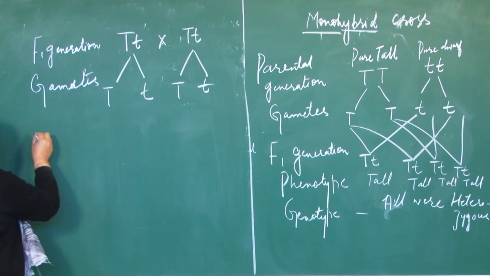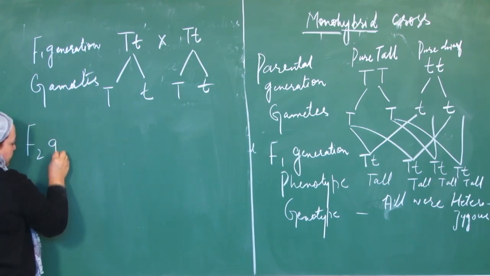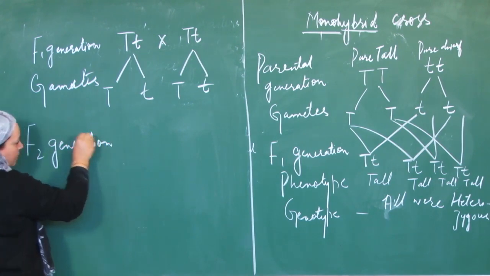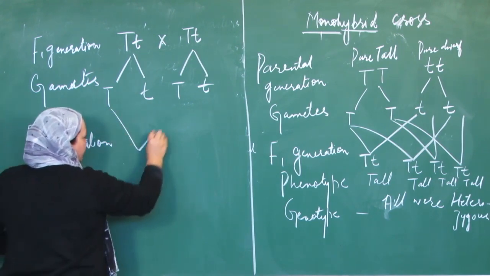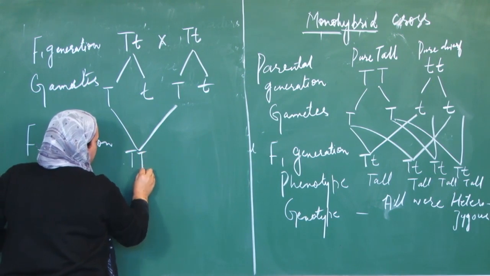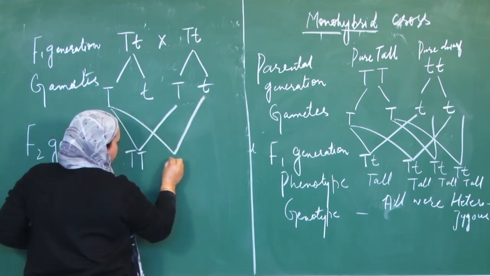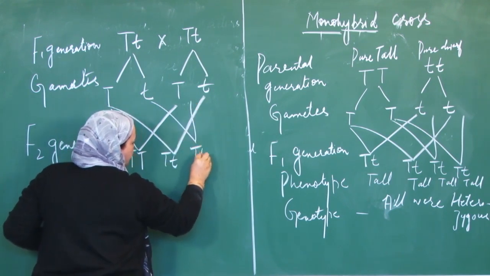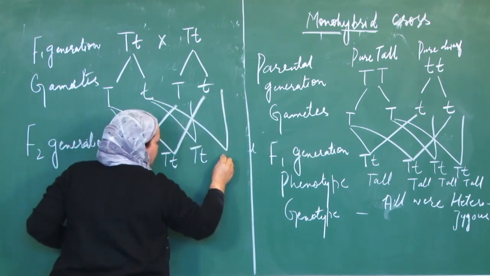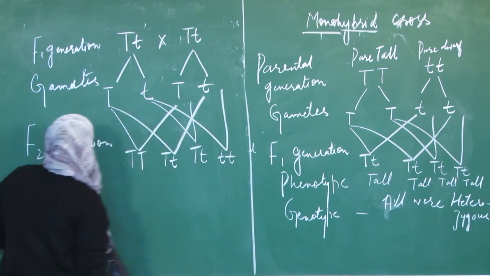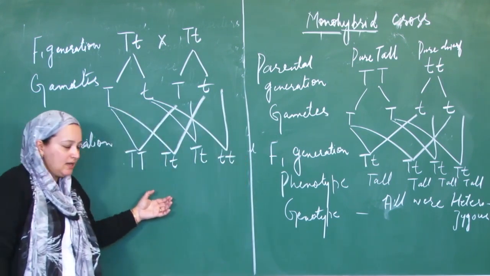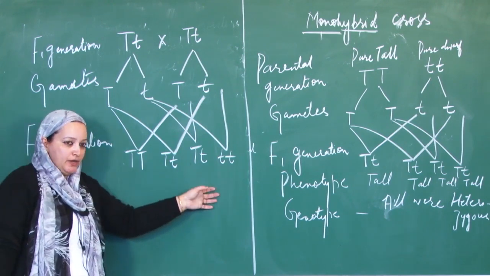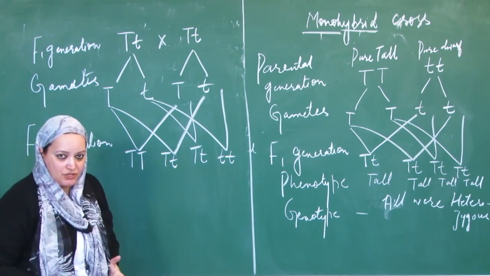Now, the F2 generation. What was the F2 generation? Capital T, capital T, capital T, small t, capital T, small t, small t, small t. If you will see, in F2 generation, the pea plants which were produced were in a different combination.